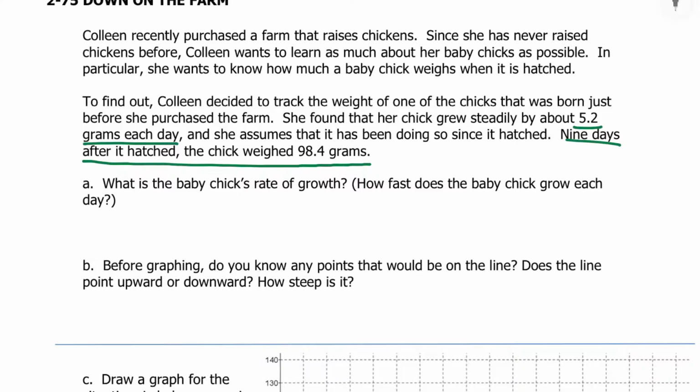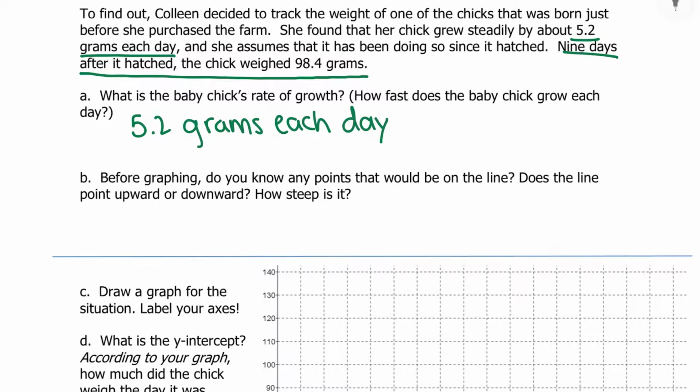So we're going to write that down. 5.2 grams each day. So then on part B, it says, before graphing, do you know any points that would be on the line? Does the line point upward or downward? How steep is it? So we know that one of the points is going to be at 9 days.